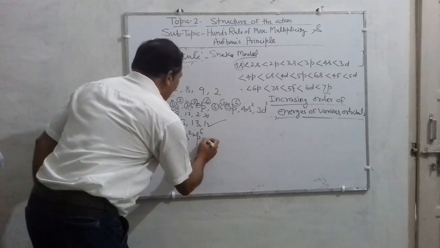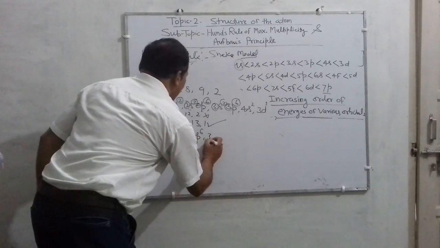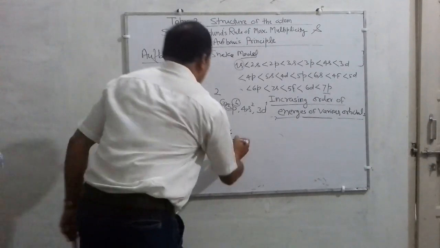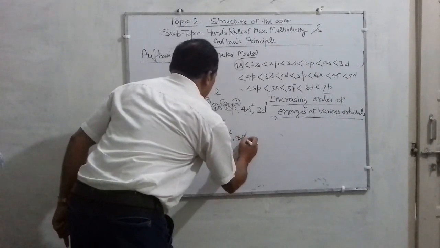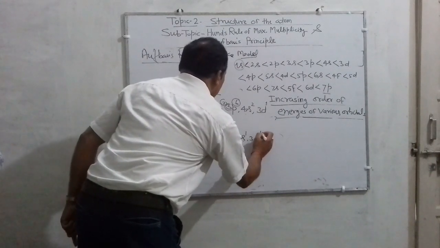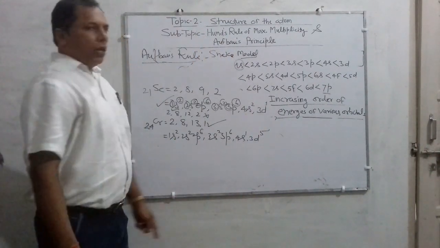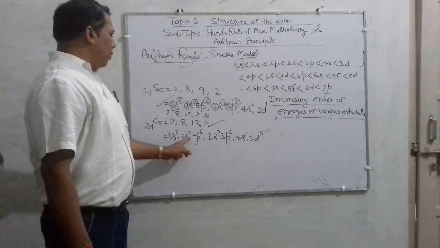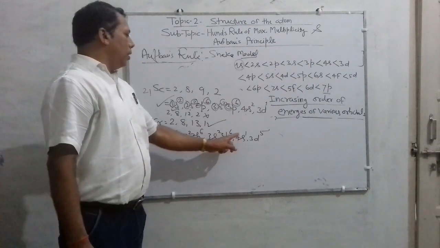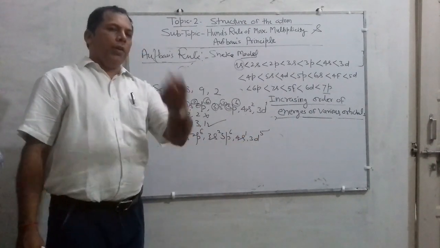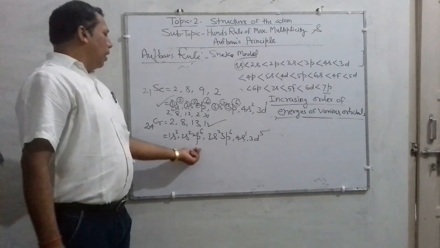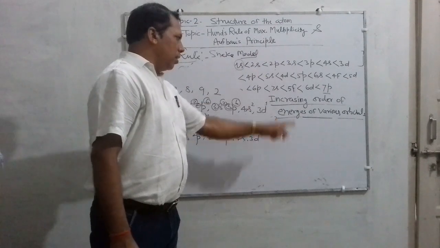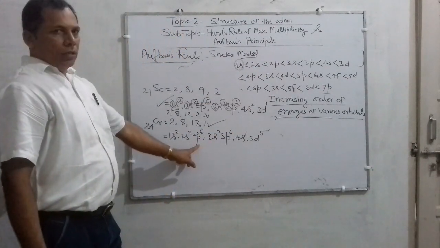Next is 3s2, 3p6, then 4s1 and 3d5. Am I right till then? This totals 24 for Cr, and that is in accordance with the increasing order of energies.